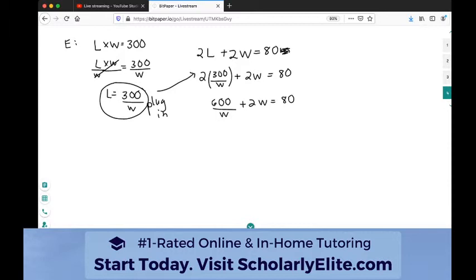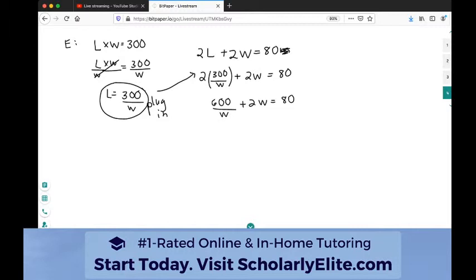So in this case, we would go ahead and multiply this whole situation by W to get this W out of the denominator, which is something that we've been talking about in previous weeks. So if you missed out on the solving with algebraic solutions, go back and watch our old videos so you can take a look at that.